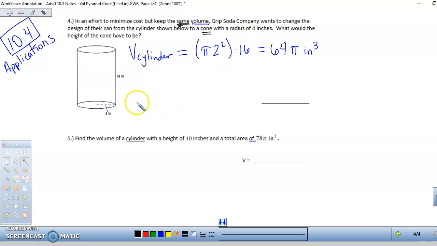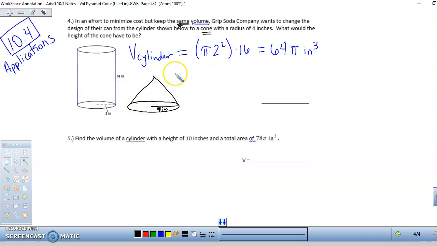So what I'm going to do is draw myself a cone, and I know this radius is 4 inches. That's 4. And then I'm going to have a cone here. So it looks something like that. And I'm just fitting it in the picture here. All right, so this volume needs to be the same as that volume.